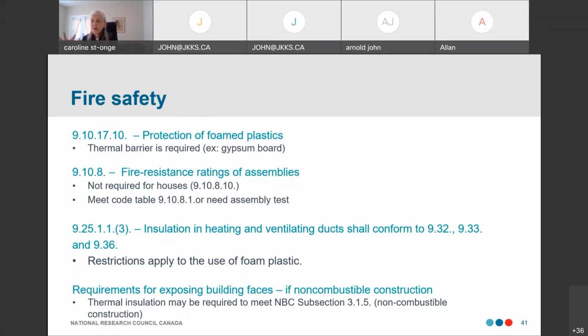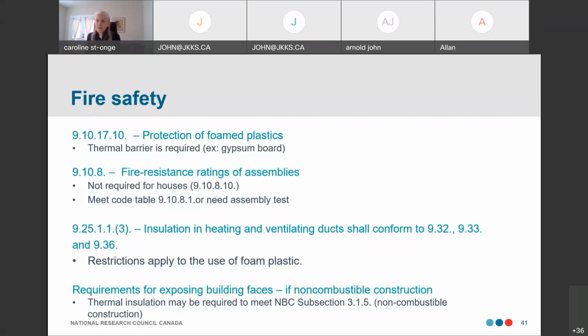If someone is proposing an assembly with an innovative insulation, then the code does not include in its table a fire resistance rating for that assembly. So there must be a test done in order to demonstrate the fire resistance rating of the assembly, including an innovative insulation.